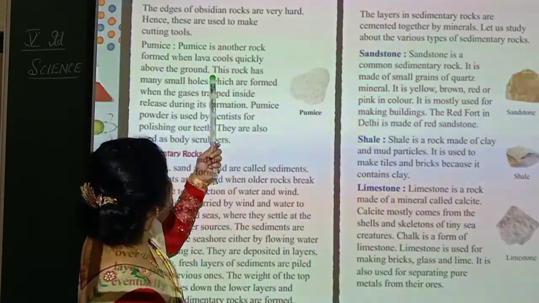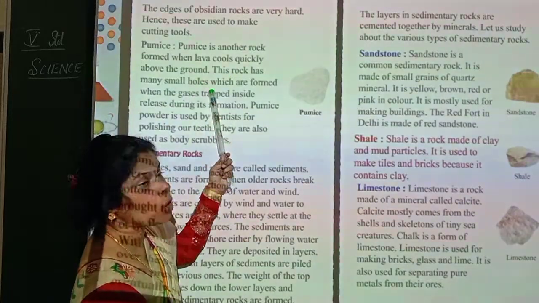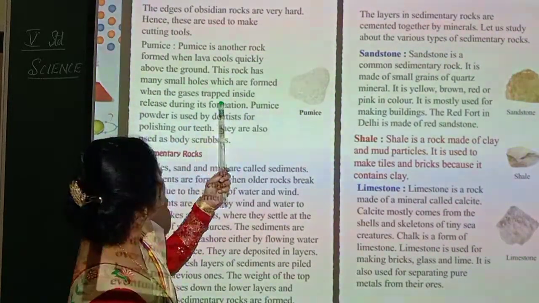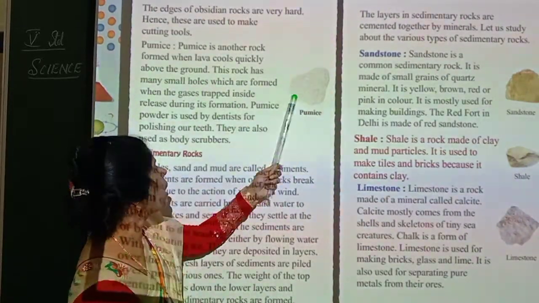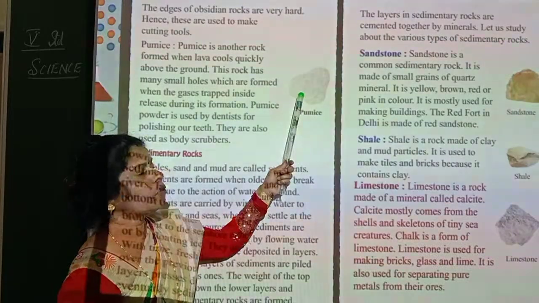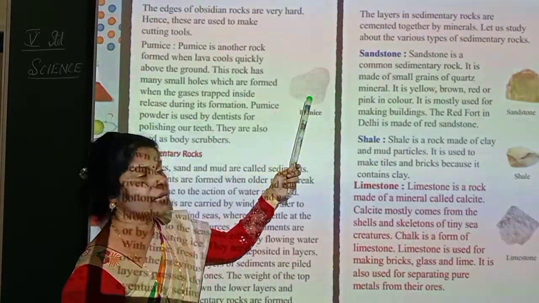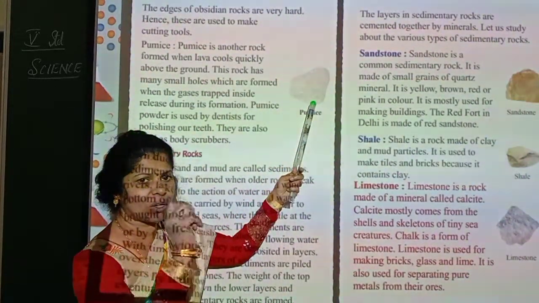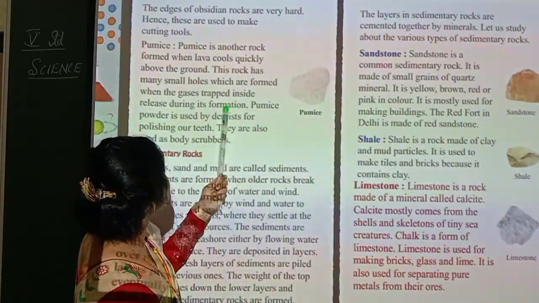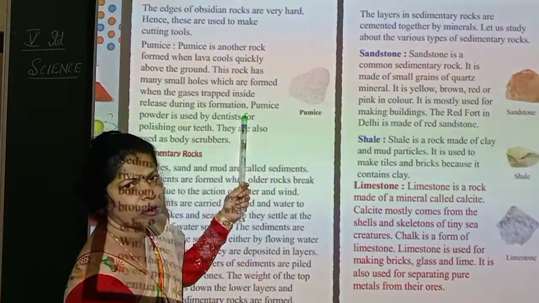That is the meaning here. The gases that are trapped will start getting released, so like that you can see the air pores. So, the gas trapped inside is released during its formation.